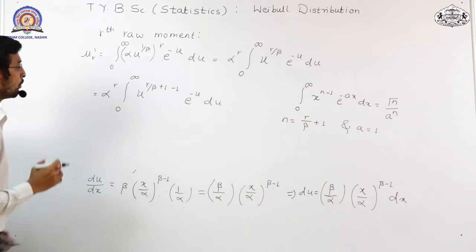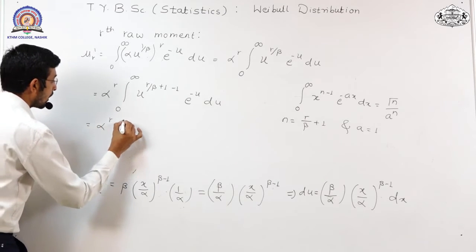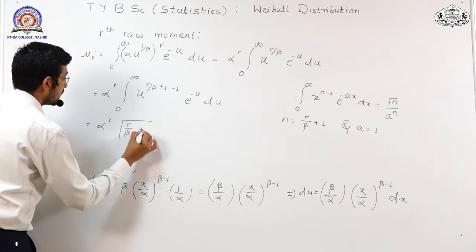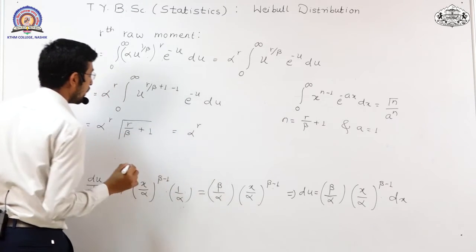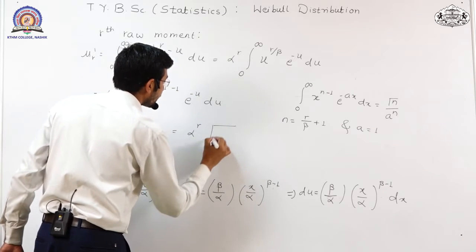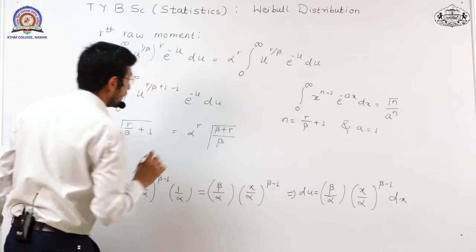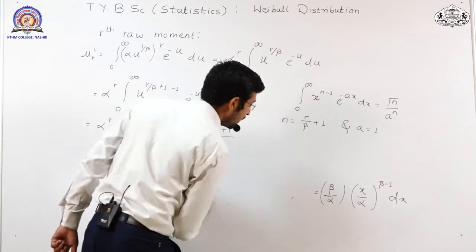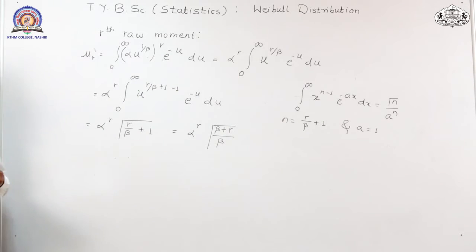Putting these values into the gamma function, we get alpha raised to r into gamma (r upon beta plus 1), or you can write it as alpha raised to r gamma ((beta plus r) upon beta). This is the rth raw moment of the Weibull distribution with parameters alpha and beta.